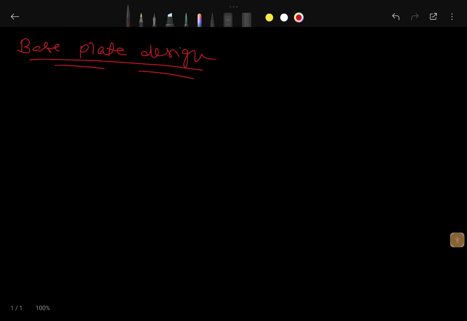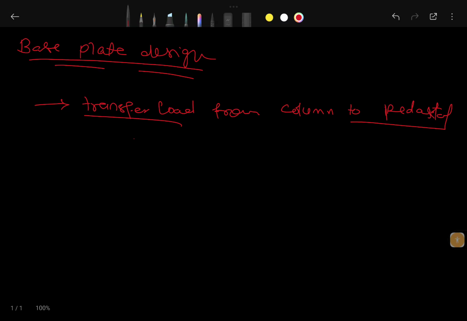If you see, the base plate is generally used to transfer load from the column to the pedestal. Okay, so this is your column and this is our pedestal.